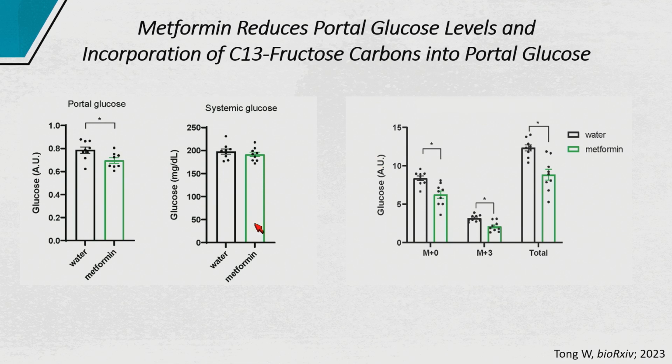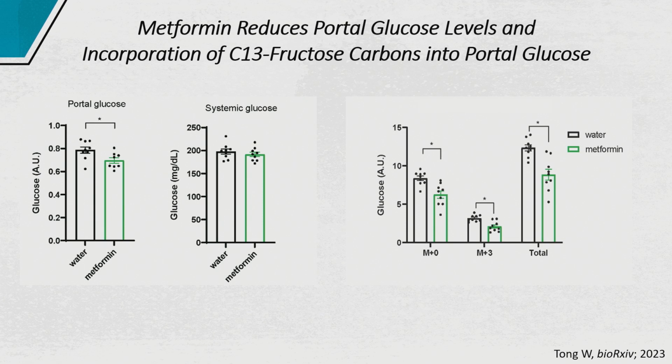And along with that, you could detect that there was actually a decrease in portal glucose levels while systemic glucose levels were still normal. So there was a selective impact on glycemia in the portal vein in these animals that you could not detect in peripheral circulation.